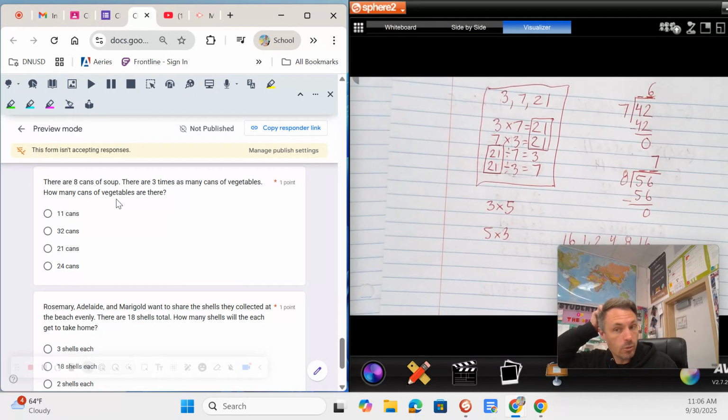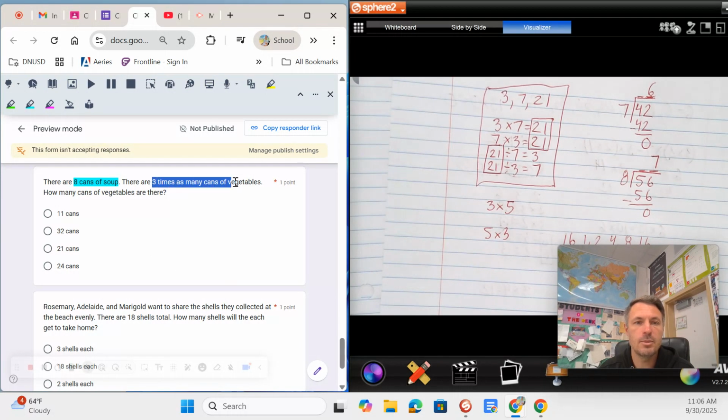Remember, anytime you're doing a word problem, highlight the important parts, and that means highlight the numbers with their units and the question. So you should highlight 8 cans of soup. You just highlight it and you click on a color. And then 3 times as many cans of vegetables. And then you highlight the question: how many cans of vegetables are there?